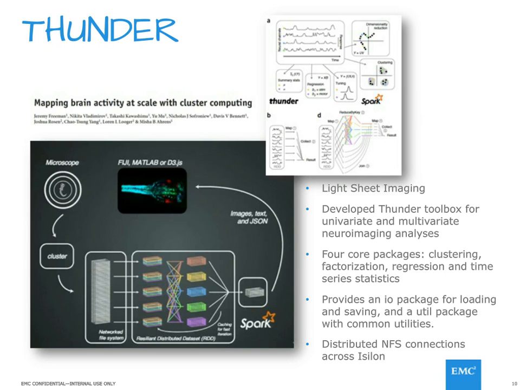And so Thunder provides a lot of different tools for multivariate analysis, specifically targeted to neuroimaging. You can do things like clustering, factorization, and especially, a lot of these types of experiments are usually over a period of time. So time series statistics.